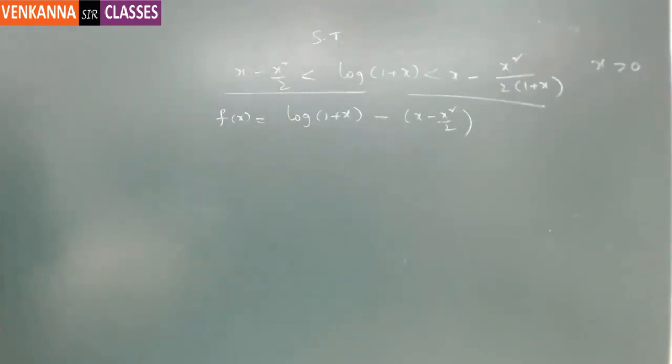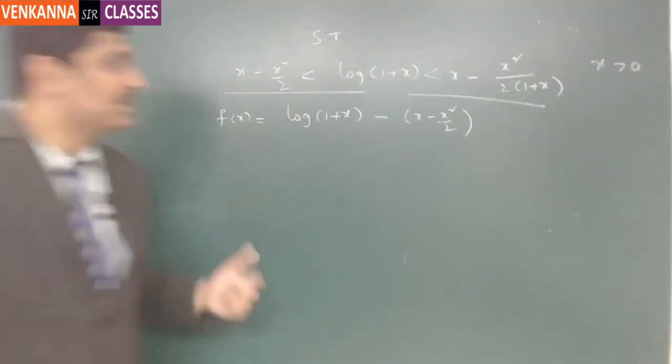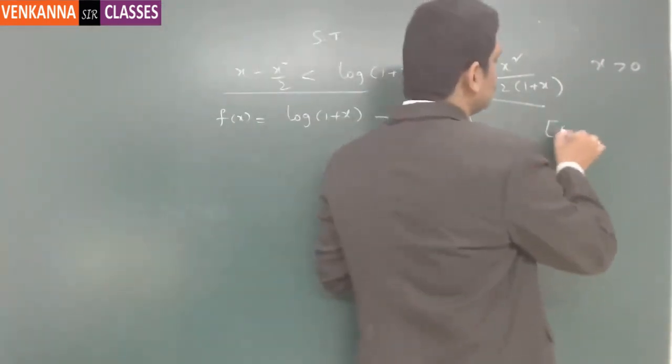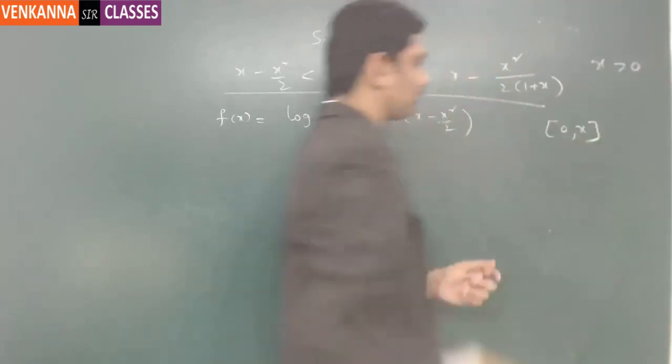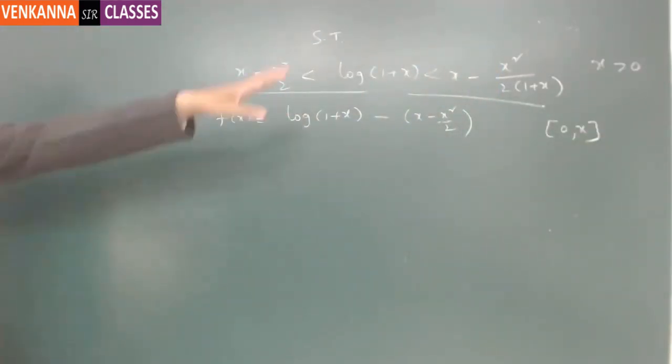Why am I defining this? Because I am going to prove that this is less than this. And the interval is obviously 0, x, because you are going to prove the inequality for all x greater than 0.